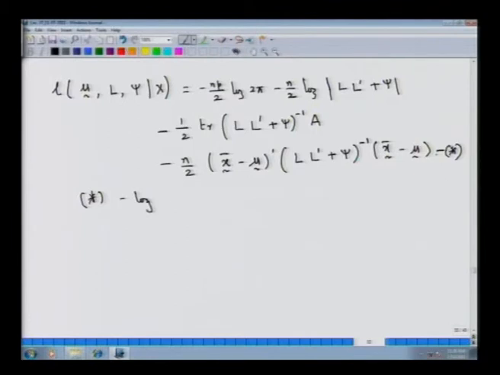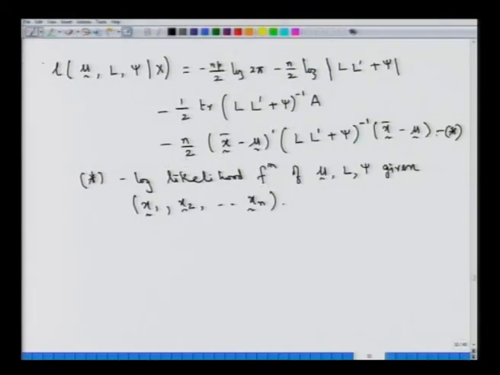is the log likelihood function of this μ, L, ψ given the observation set, that is x1, x2, ..., xn.